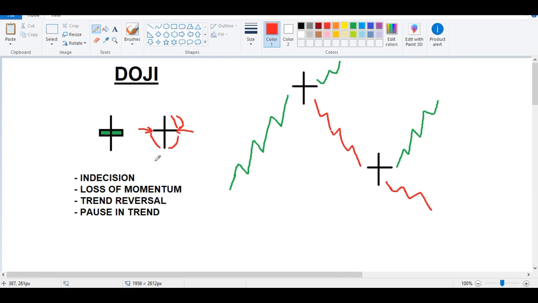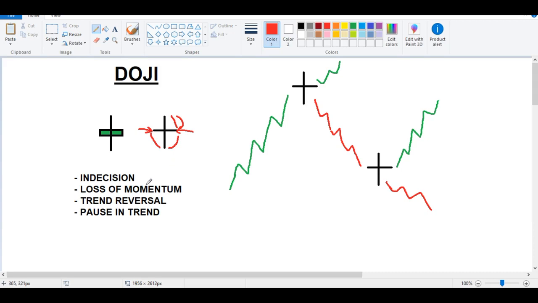When you look at a doji candle, immediately you should think, okay, there's some indecision going on in price. Neither the bulls nor the bears are winning, and they are in a battle, a tug of war to decide where to take the trend.